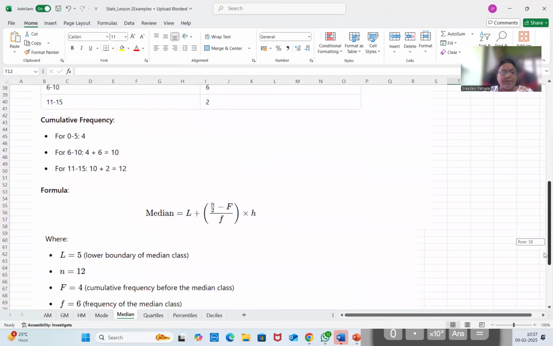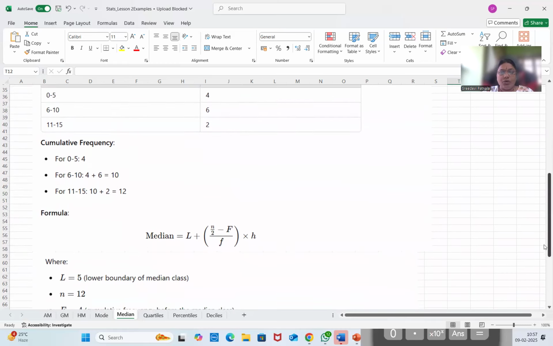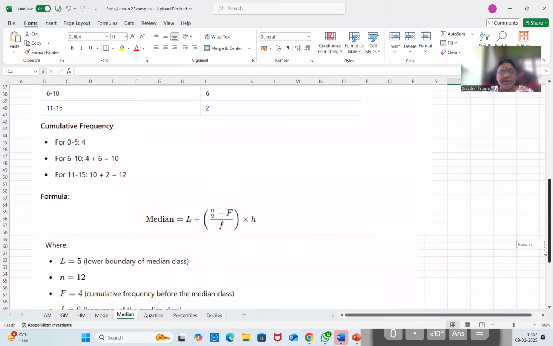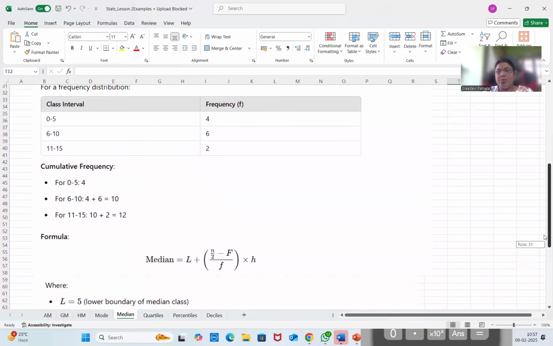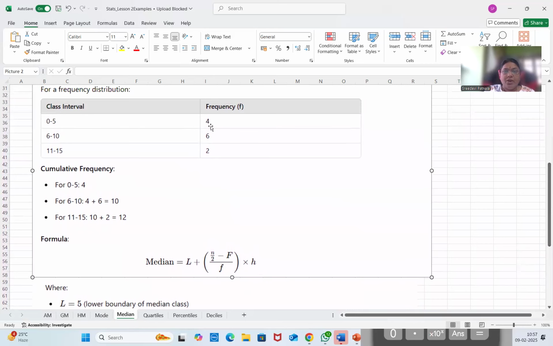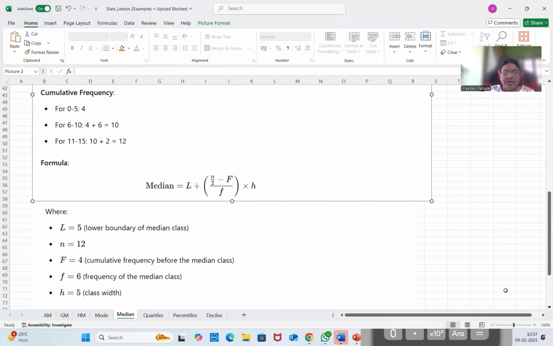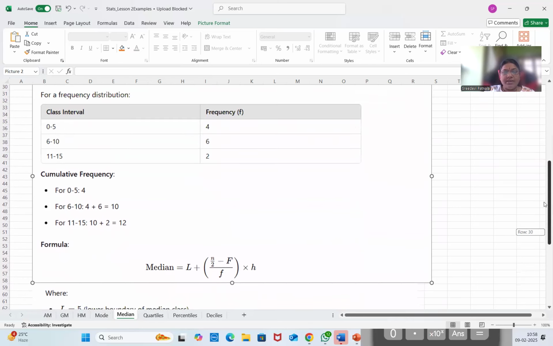Next comes your F, which is the cumulative frequency before the median class. This is an important thing you have to understand here. What is the highest frequency given? It is 6. The class with that frequency is your median class, and the line above it gives the cumulative frequency before the median class, which is 4.